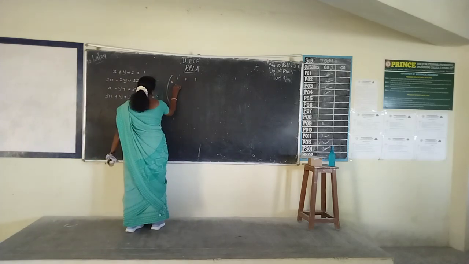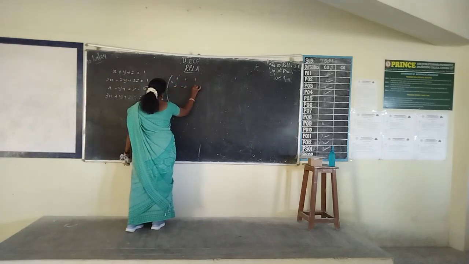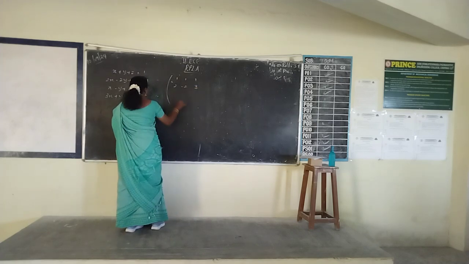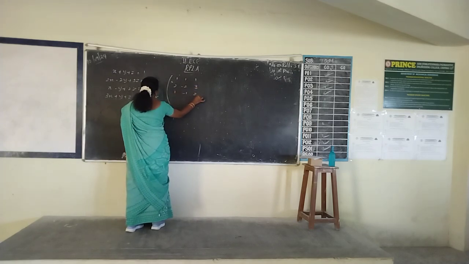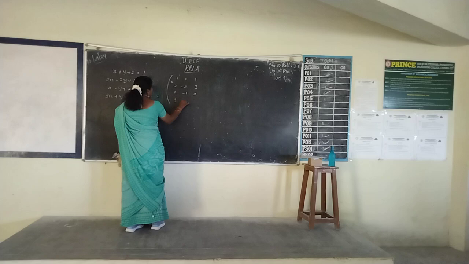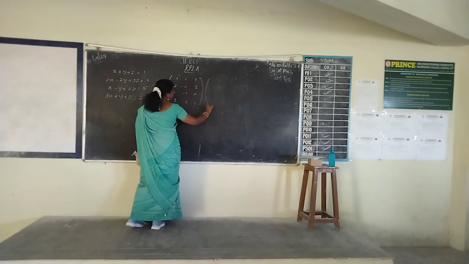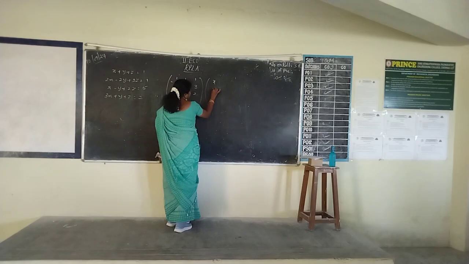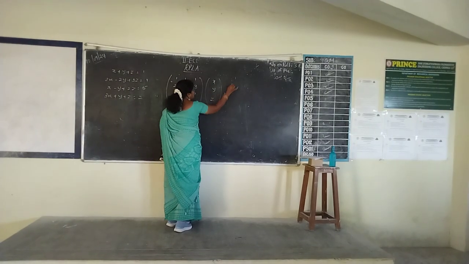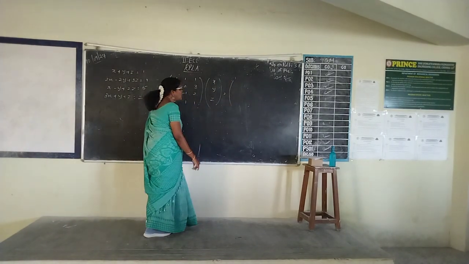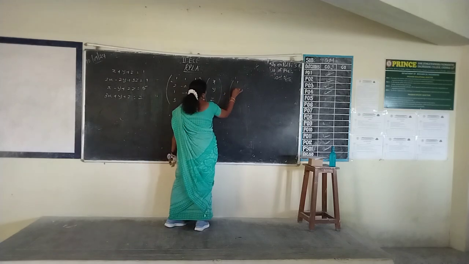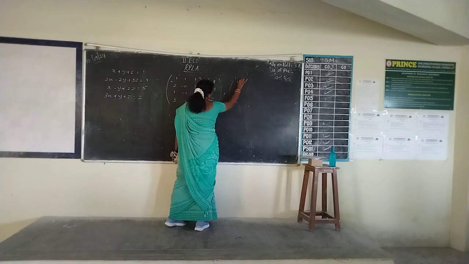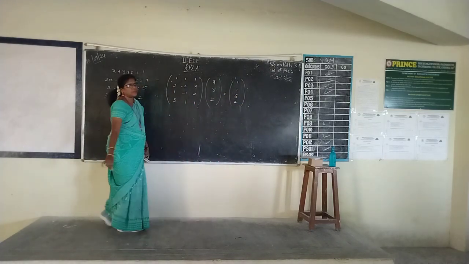Second row, right. Third row, and so on. That is the first step you have to write.